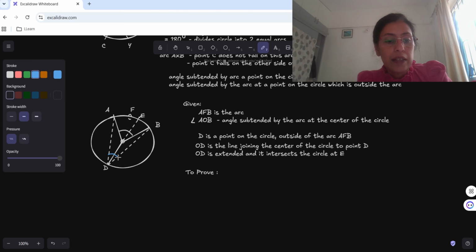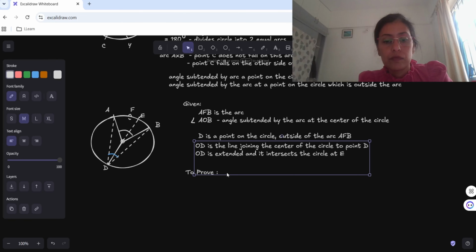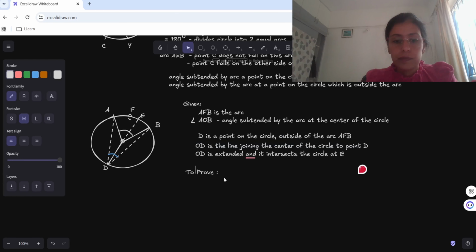And now what we have to prove here is that angle AOB is equal to twice angle ADB.